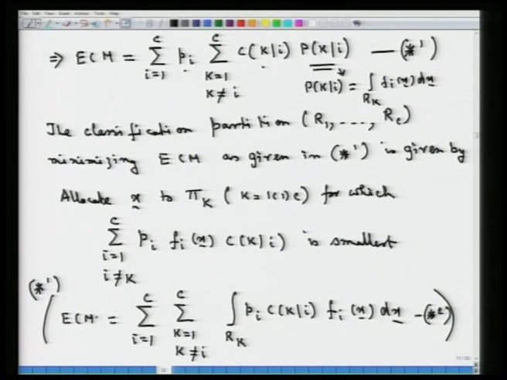Now, if we are looking at the rule, the partition R_1, R_2, ..., R_c of the sample space, which would lead us to minimizing this particular expression, we will look at choosing that particular region R_k such that we will have this term here, which is given here, to be the smallest among all possible k's, and hence this is what is leading us to the region R_k.